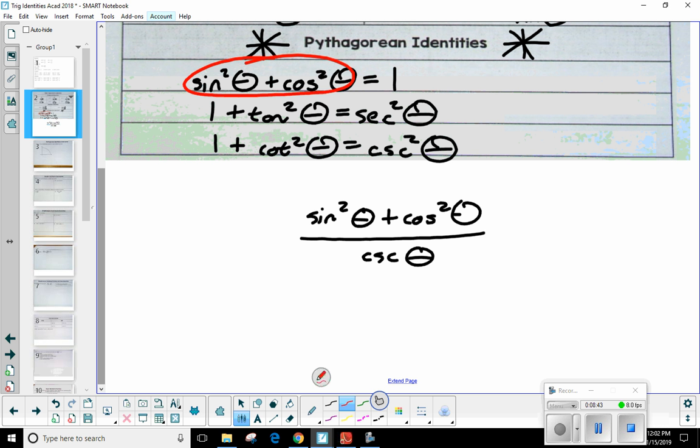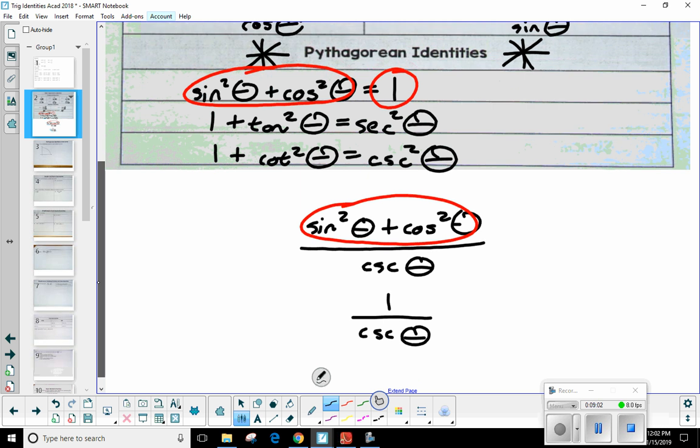What is sine squared of theta plus cosine squared of theta? According to this identity, it's just 1. So I'm going to replace that with 1 over cosecant of theta. Why does it equal sine of theta? That's exactly what the rule says. What rule in fact?